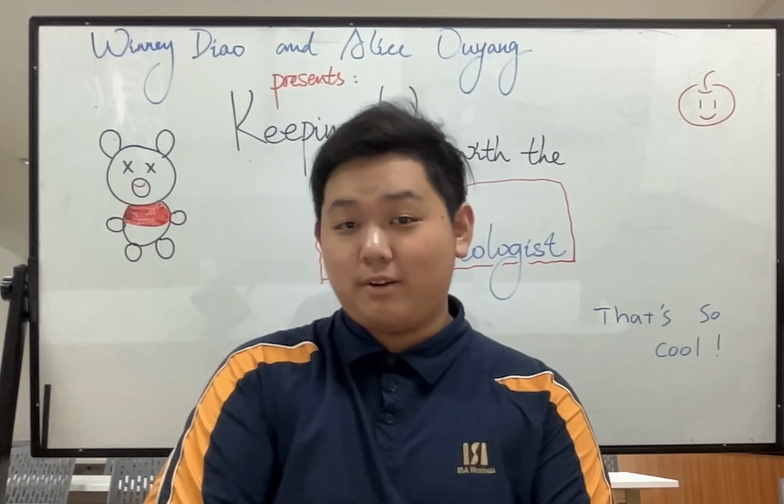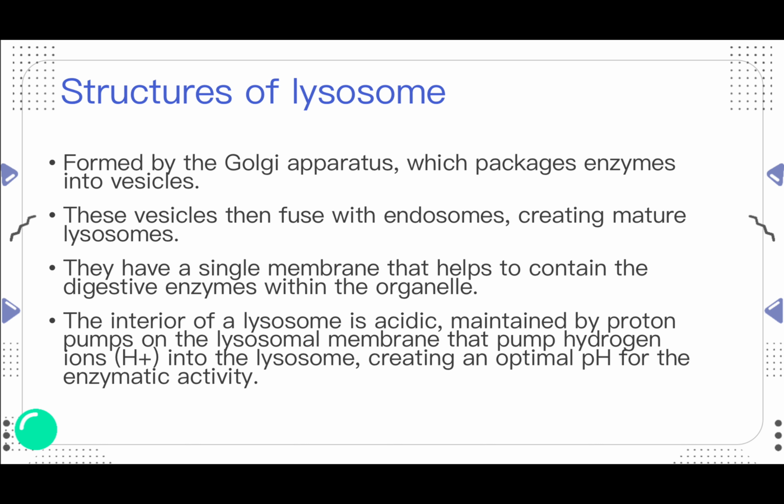About the structure of lysosomes, they're formed by the Golgi apparatus, or Golgi complex, or Golgi body, whatever. Which, as Alice mentioned, packages enzymes into vesicles, and these vesicles then fuse with endosomes, creating mature lysosomes.